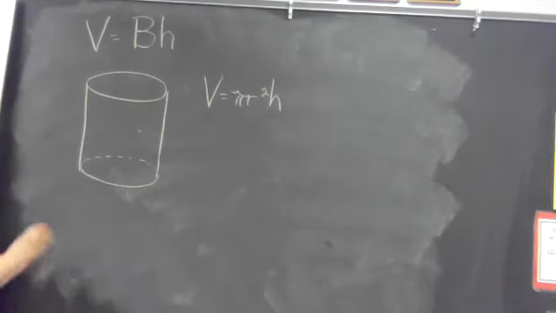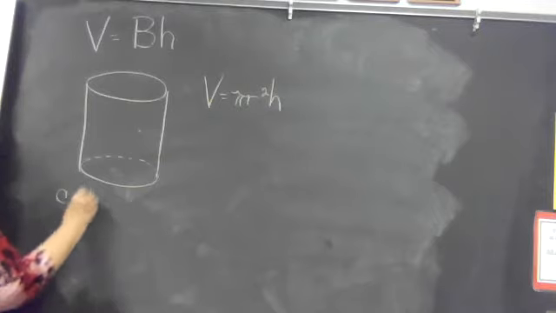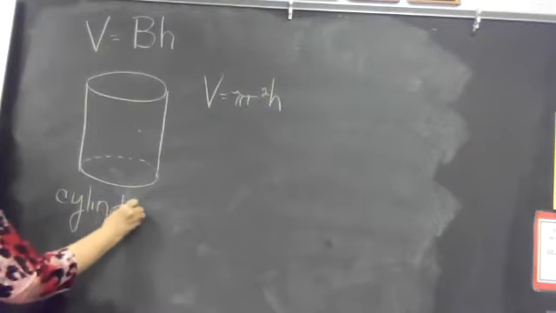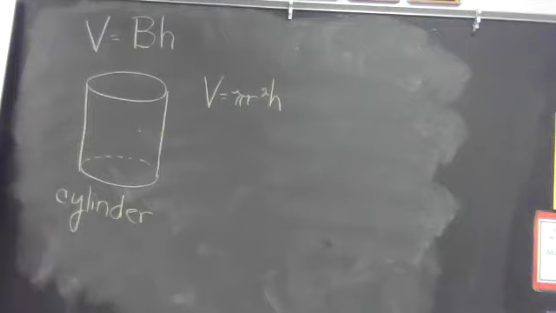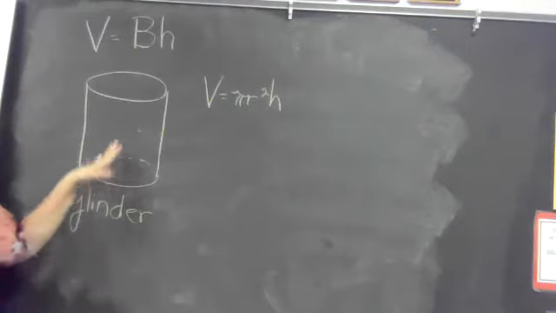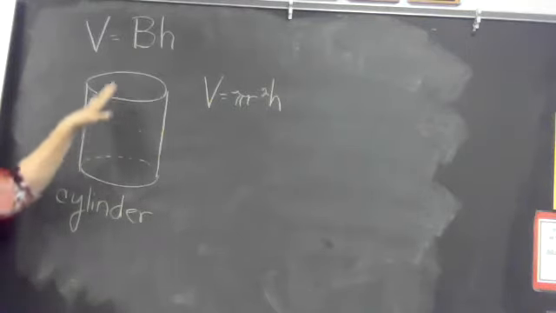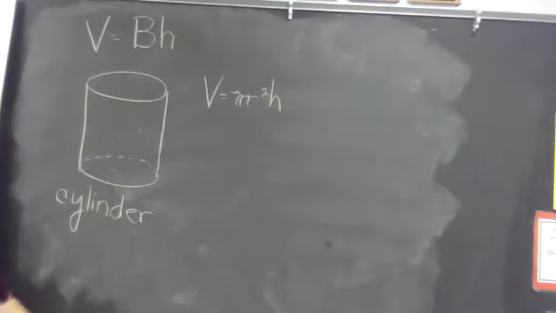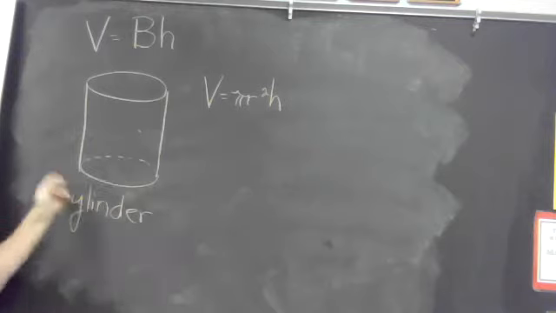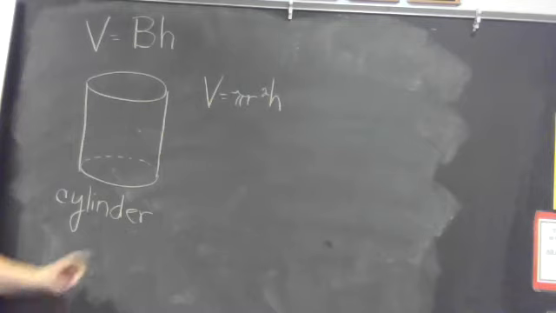This one is called a cylinder. But if you'll notice, it has two bases that are parallel to each other and they're the same size, right? So it's similar to a prism, only it has a circle. Now, did y'all find the volume of a cylinder?